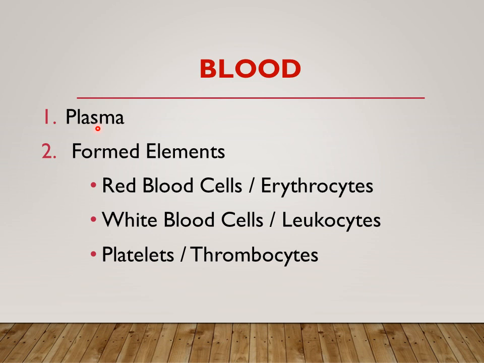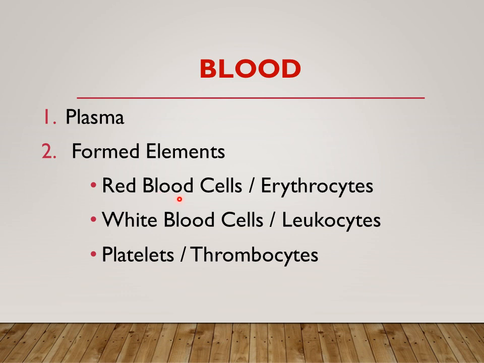The formed elements are in the form of cells. These are the red blood cells, the white blood cells, and the platelets. The red blood cells are also known as erythrocytes, and I hope you know that these cells are non-nucleated cells having a biconcave disc-like shape.